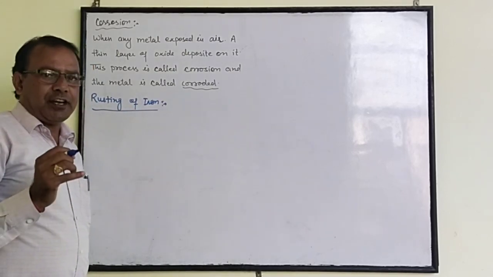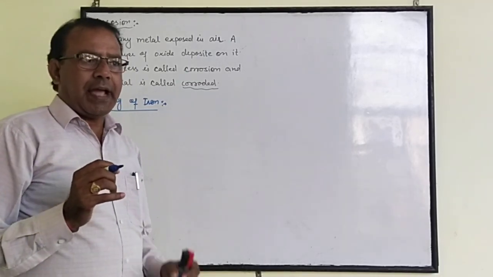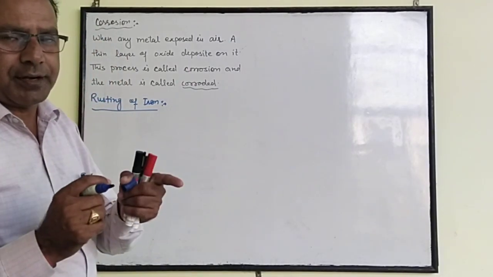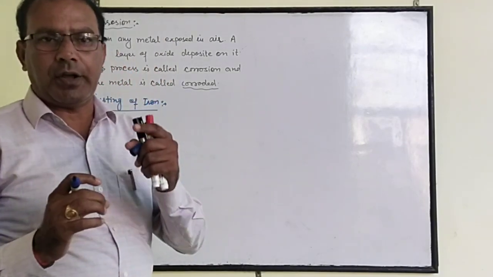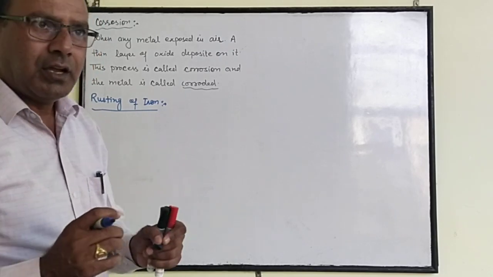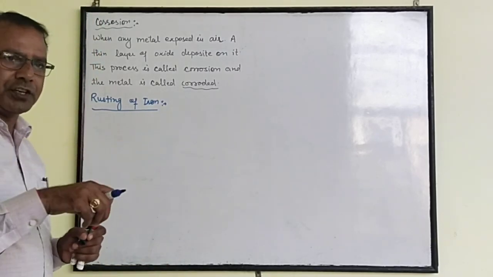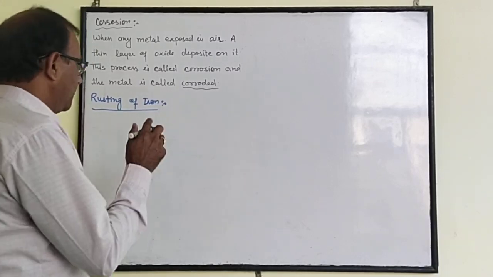When any iron object or substance is exposed to moist air, meaning air which contains moisture, which contains water droplets, a reddish brown layer is deposited on the iron.